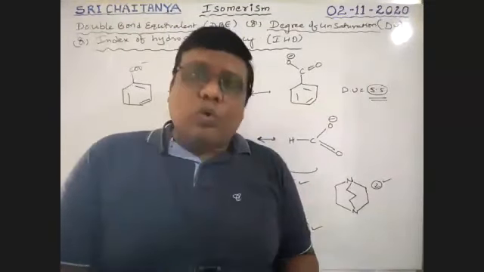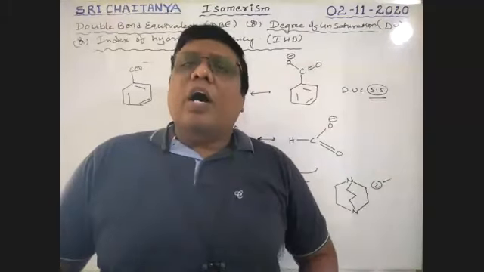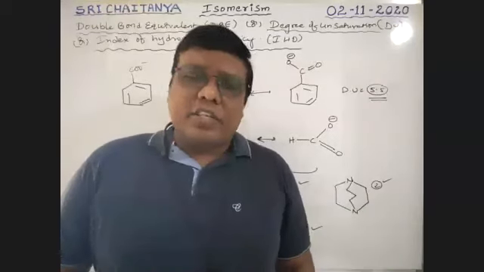If you know the structure, it is easy to find out how much is the degree of unsaturation. Instead of structure, only formula is given to you. How to identify degree of unsaturation? See here.